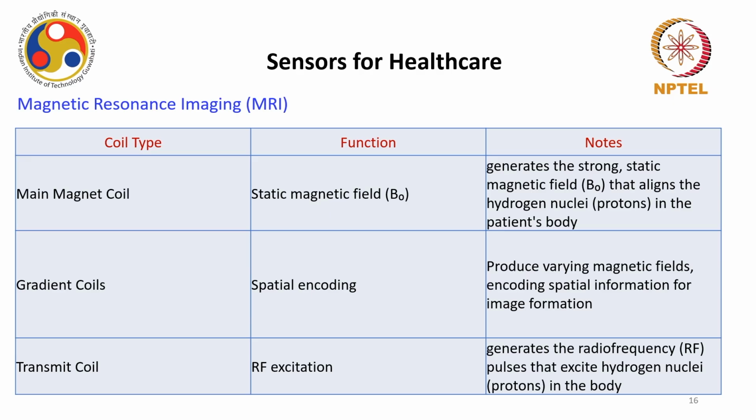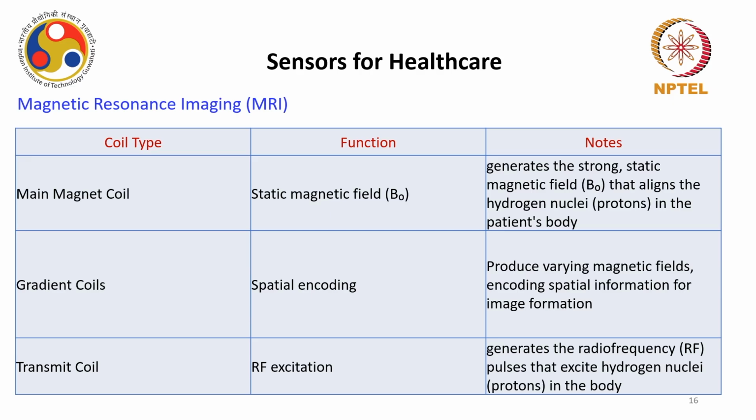The second type of coil is the gradient coil, which is used for spatial encoding. It produces a varying magnetic field encoding the spatial information for the image formation, because the ultimate output is the images.